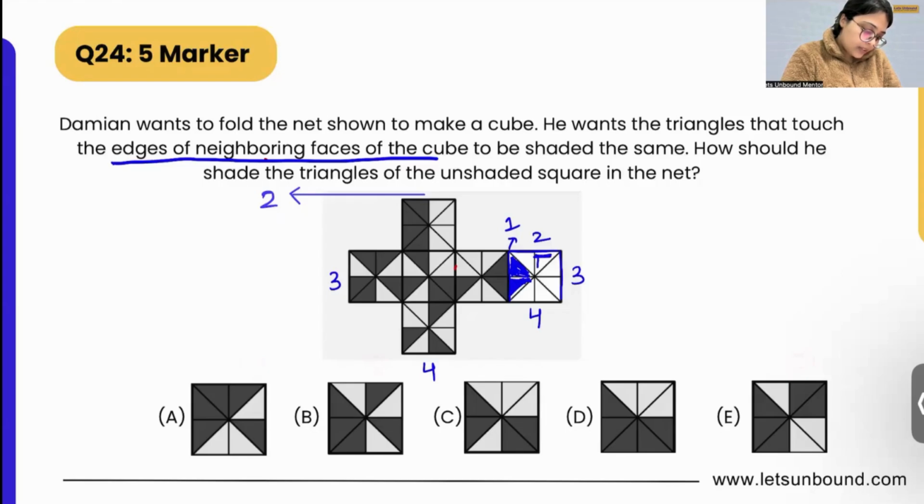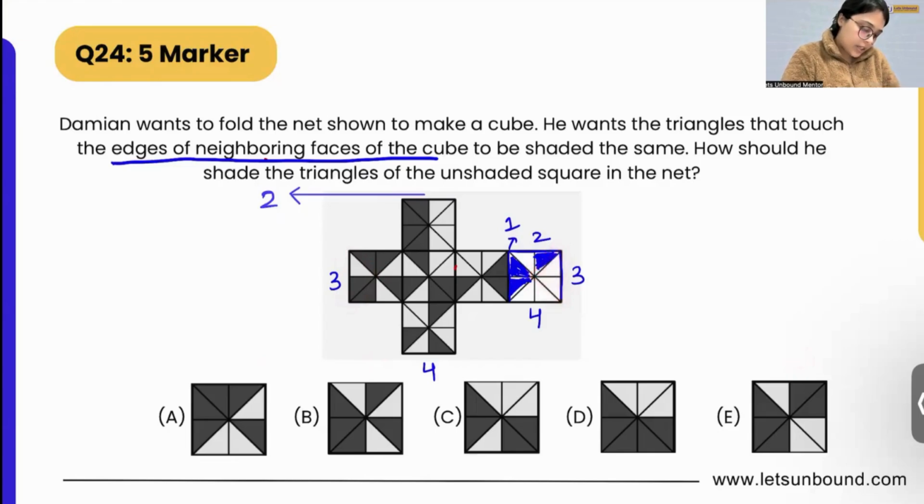So we are done with the boundaries of 1 and 2. Let's have a look at the third one. What do you think? When we match it, how should it look? You can see it is shaded on this side. So when we fold and form the cube, it should exactly be like that. It should be shaded on this part.